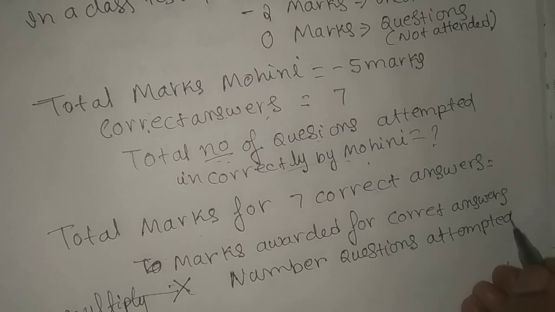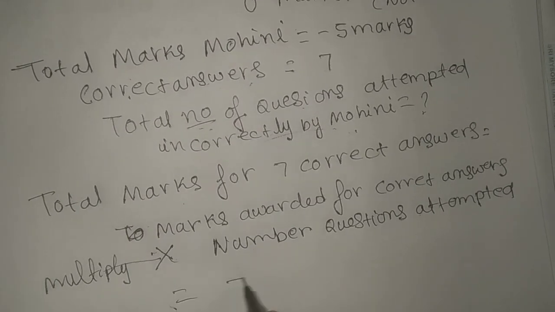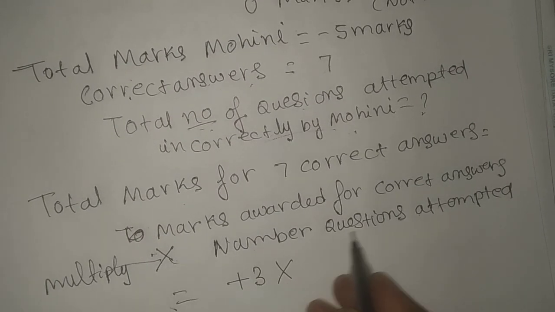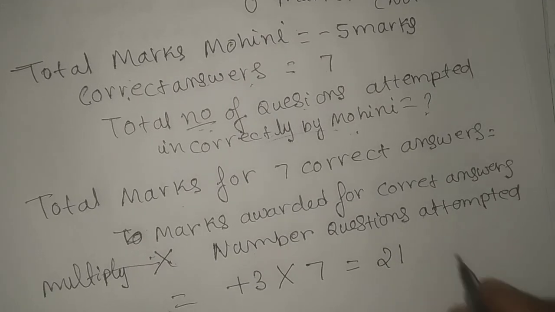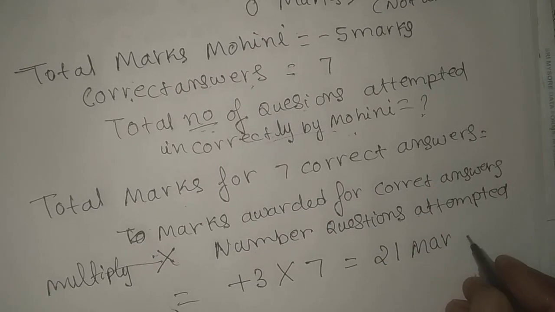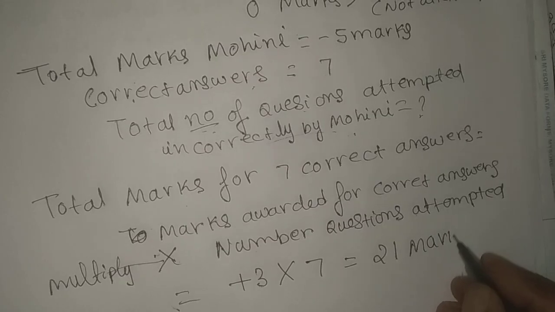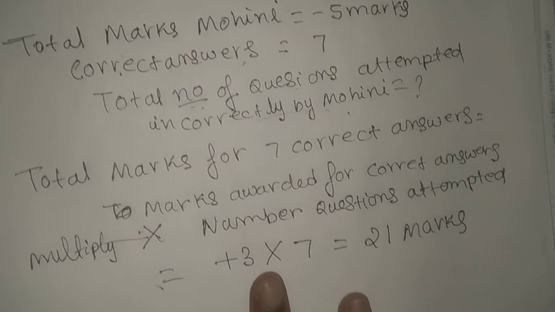Marks awarded for the correct answer is plus 3 into number of questions attempted is 7. Therefore 21 marks. Total marks for this correct answer is 21.